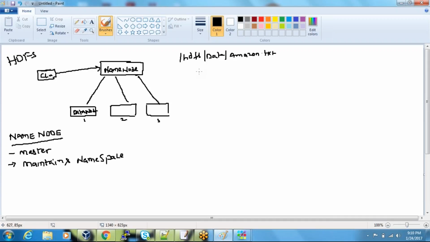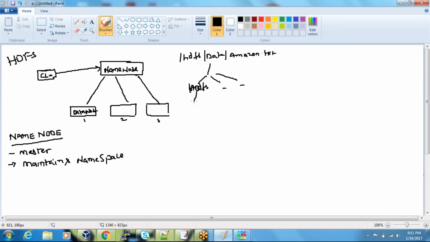What is a tree structure? This is my root. Under that I have something called hdfs. I may have something else as well.